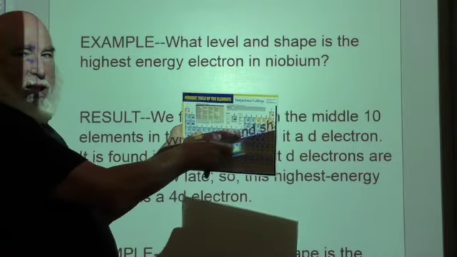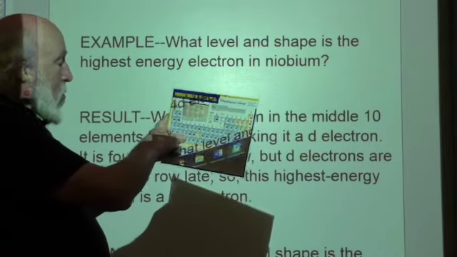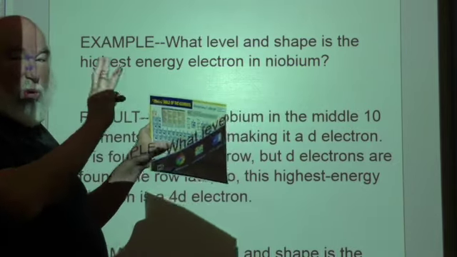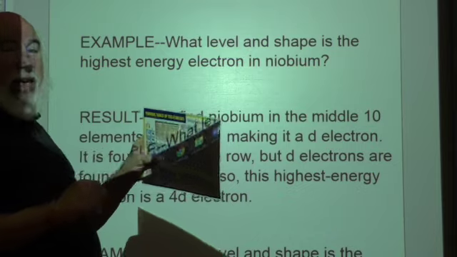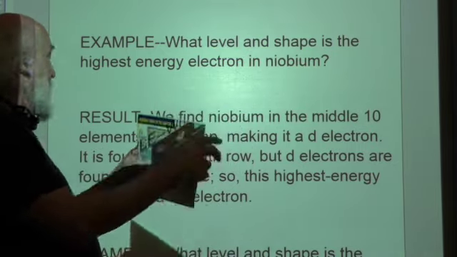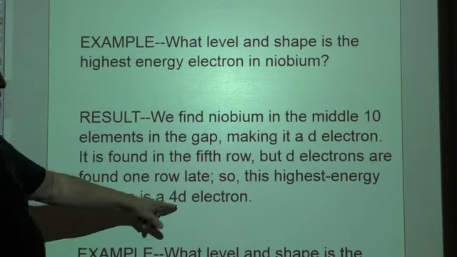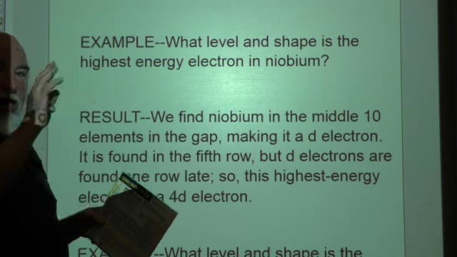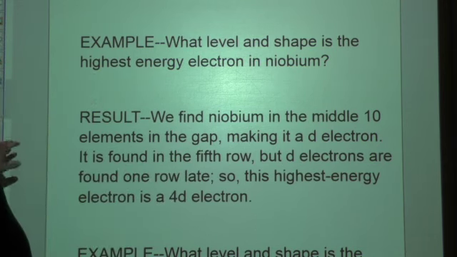It's in this middle 10 area, right? It's in row 5, but we know d electrons are 1 row late, so it's level 4 in row 5. And it's in this group of d electrons, so the answer is it's a 4d electron. The highest energy electron in niobium is a 4d.